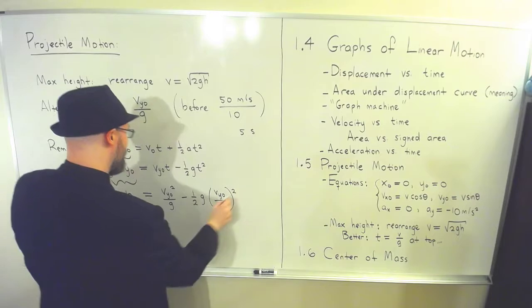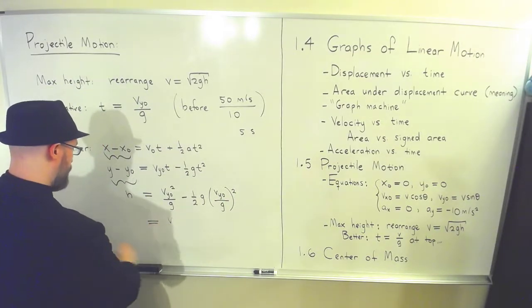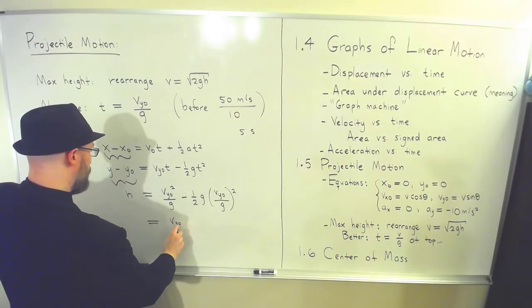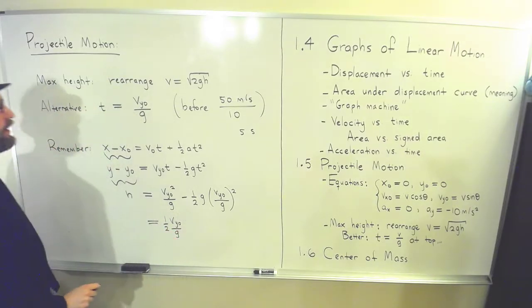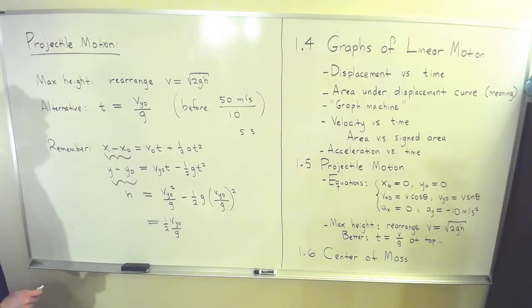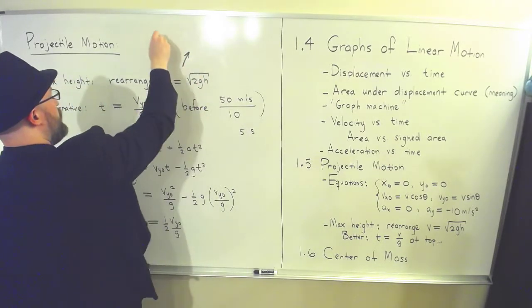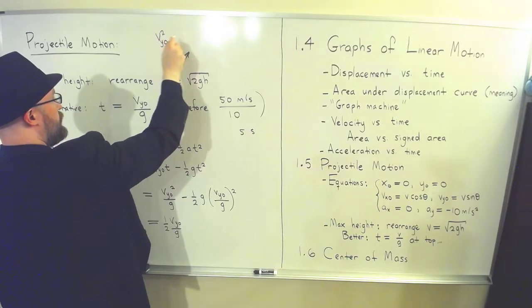vy0 over g squared. And so this, you can work this out. This becomes just 1/2 vy0 over g. And that's the same as what you would get here, because if I took this and I square both sides, I get v squared, and of course this really means vy0 squared.